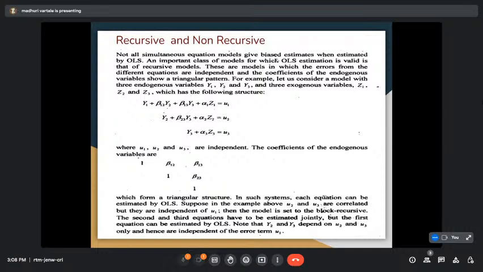So when we solve this equation in the form of triangular structure in the system, each equation can be estimated by the OLS.